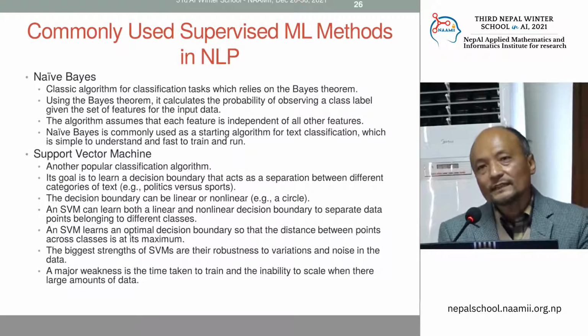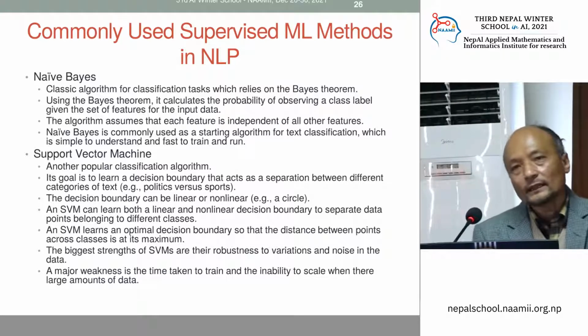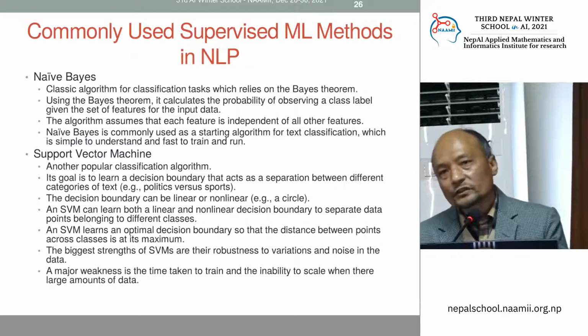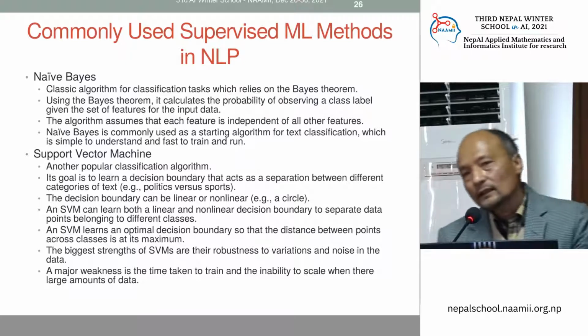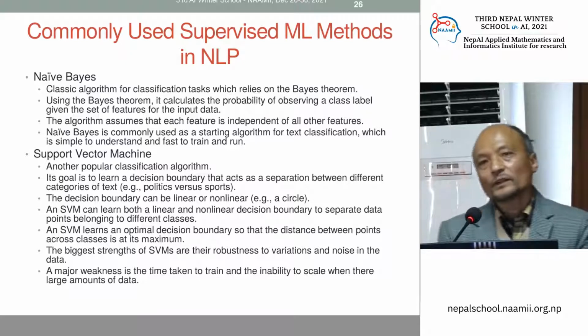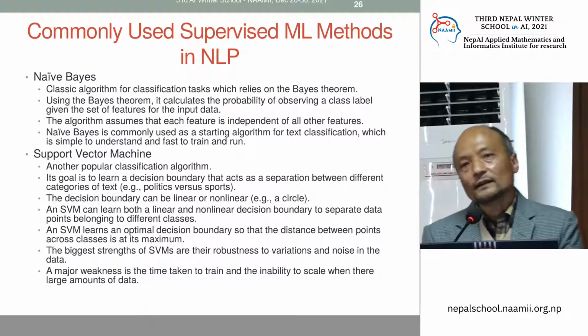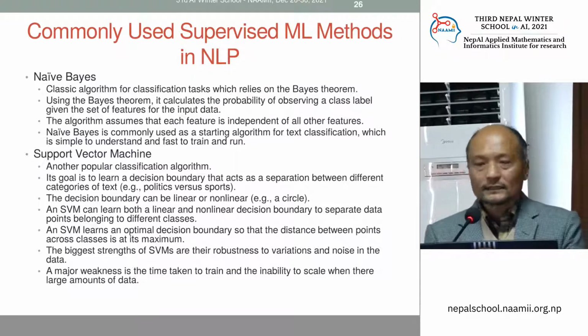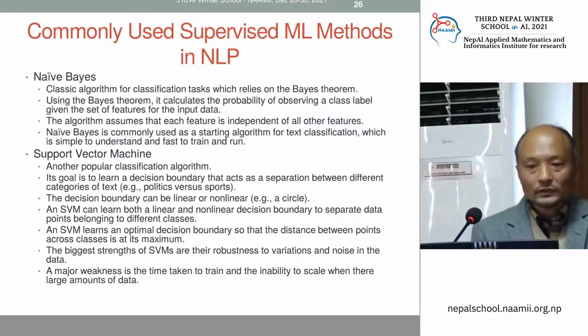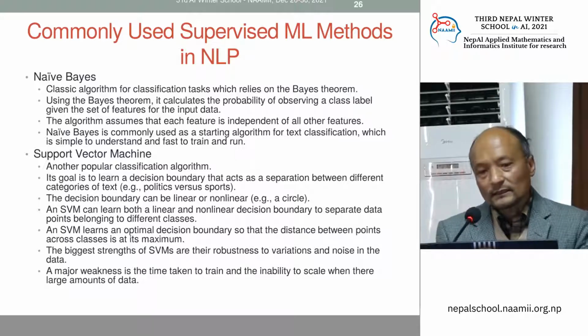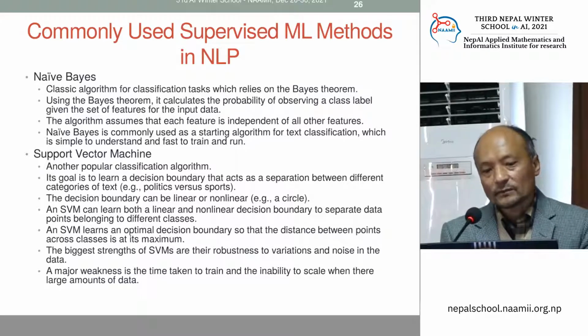Because in any text, for example, the two words machine learning, the second word learning has some association with machine, and they are not independent. But still, with that assumption, Naive Bayes is quite successful for text classification problems.